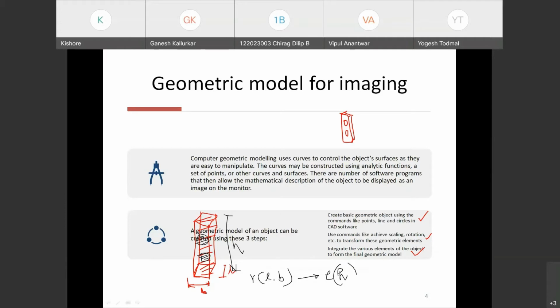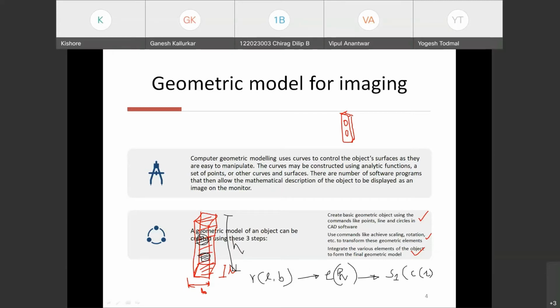Then afterwards I'm again selecting a certain surface. How many surfaces are there? 6 surfaces. So I'm selecting one of the surfaces, let's say s1, and on that surface I'm drawing a circle, let's say that function is c, and c of a certain radius or certain diameter.